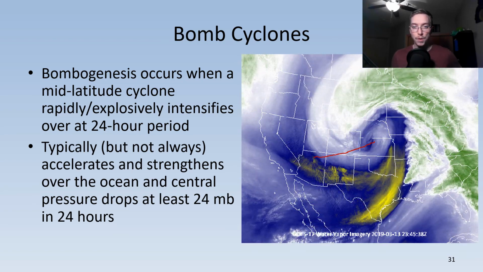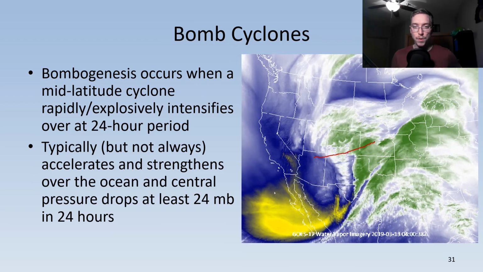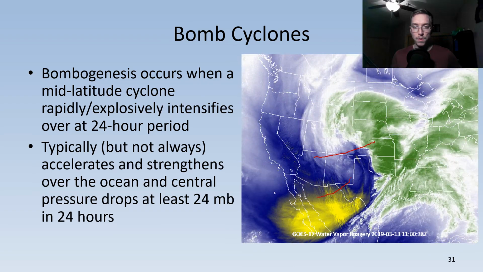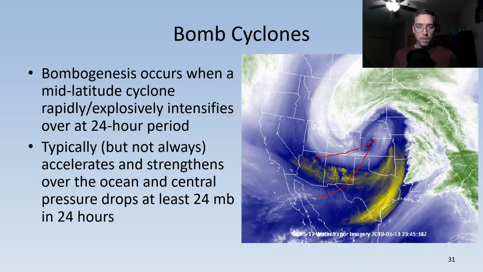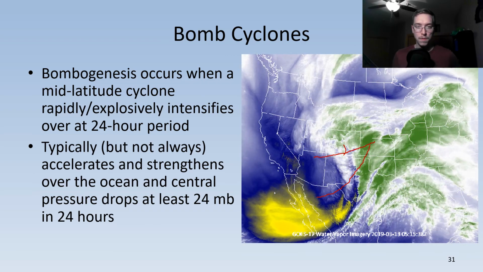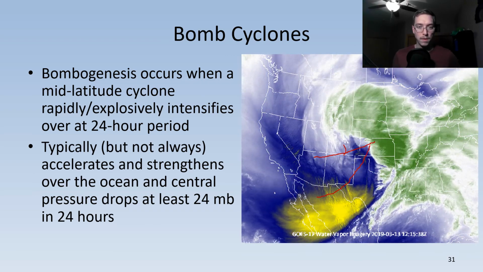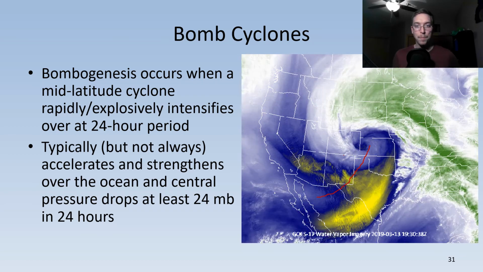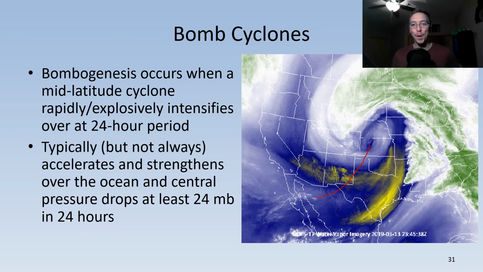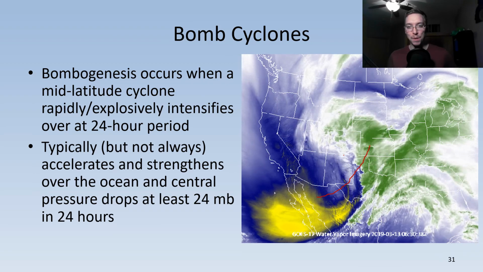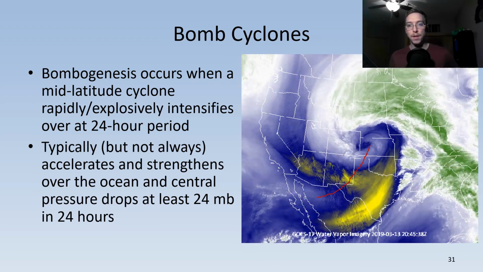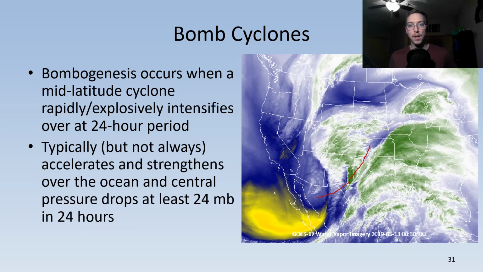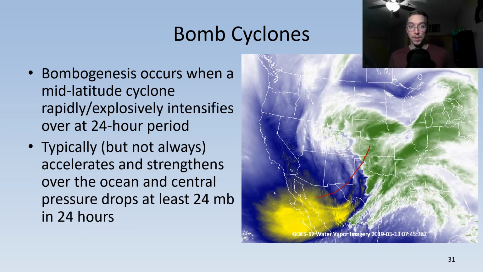Looks like the trajectory was a little bit closer to that. There we go. Our trajectory is a little bit closer to that, it looks like. So we can see the system pushing up through New Mexico, Texas, Oklahoma, kind of into Kansas, Nebraska area. This was a pretty big one, actually.